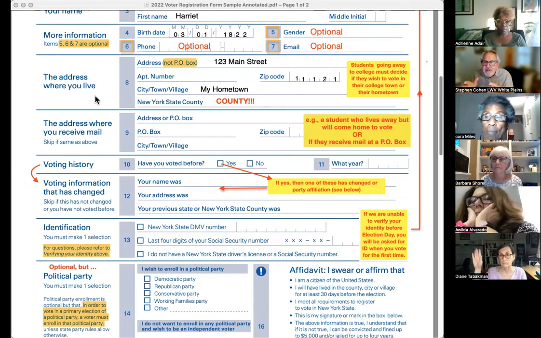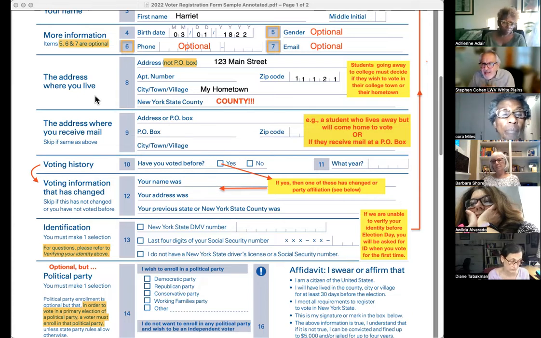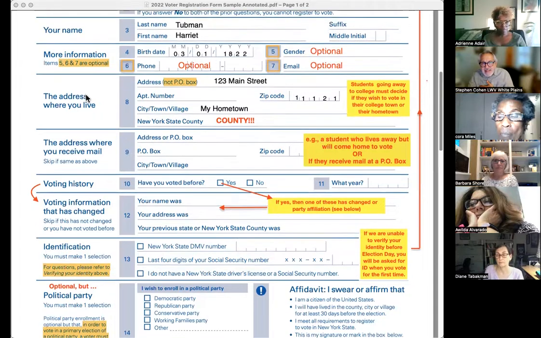This is one of the aspects that gets a little confusing, because what we have often found when we register students in high schools, and perhaps even in colleges, is that if they're living away from home but think they want to go home to vote on election day, they would enter their home address in item 8, and then they might fill out item 9 just because they want to be reminded.